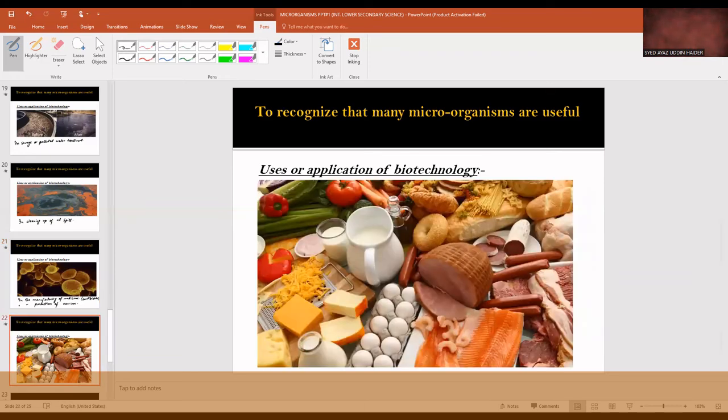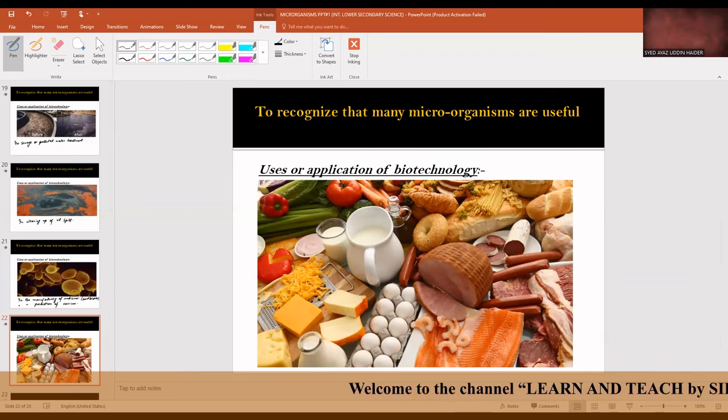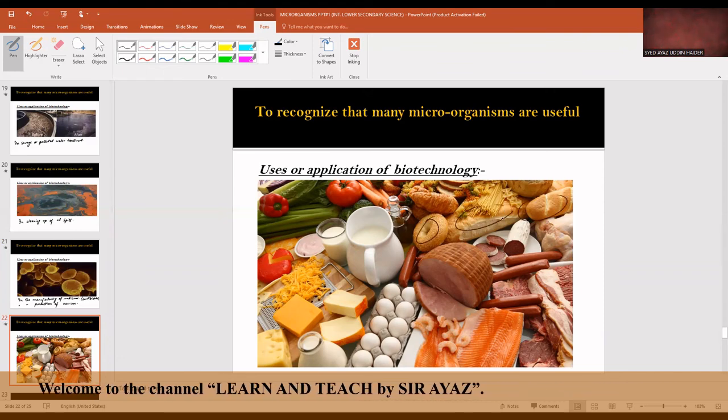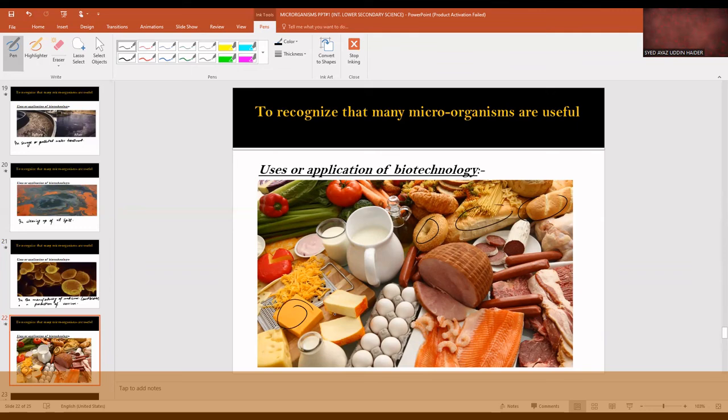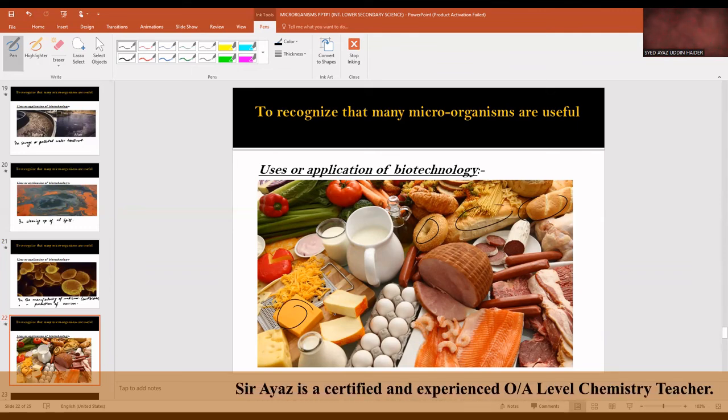In the production of food, such as bread. These are the breads. Yogurt, cheese, pickled vegetables, etc.